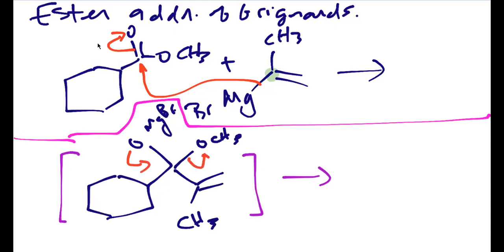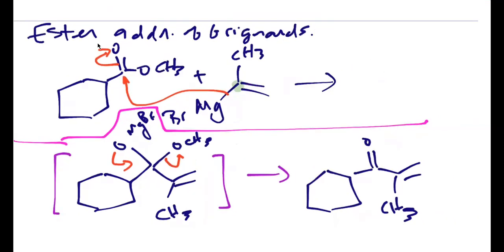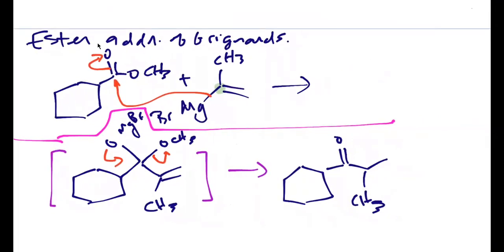You end up losing the OCH3 group, and then you're left with a ketone. So that's the product. The main product is a ketone. Which group did you leave off? The OCH3 right here.